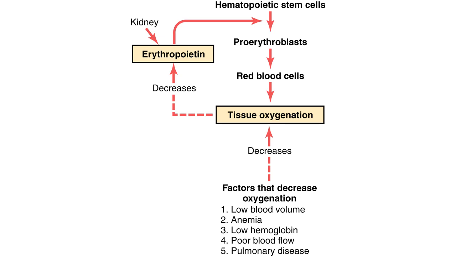So this picture right here is how the kidney influences the development of red blood cells by secreting the hormone erythropoietin.